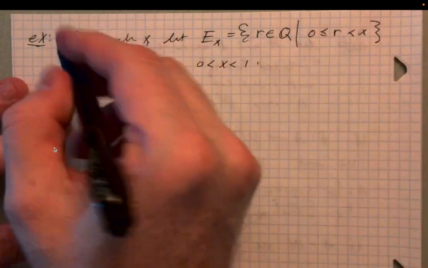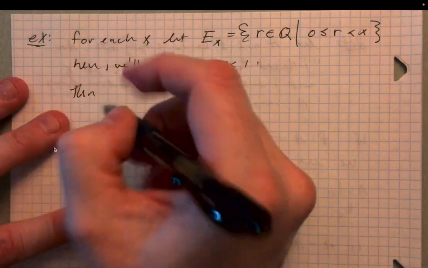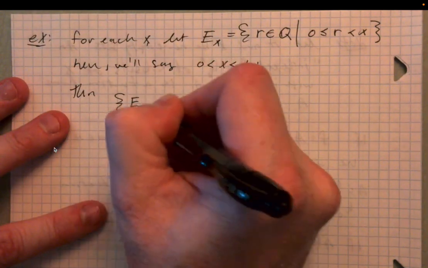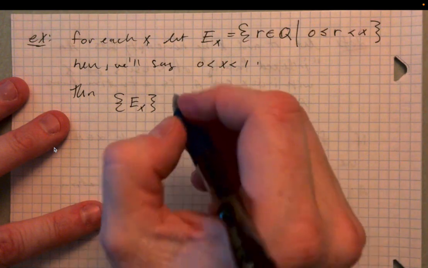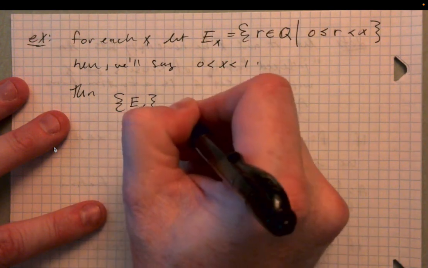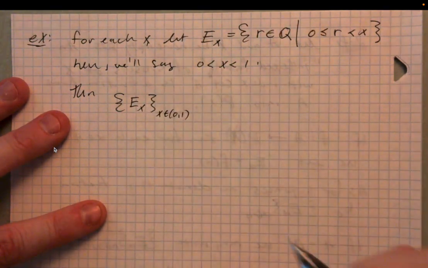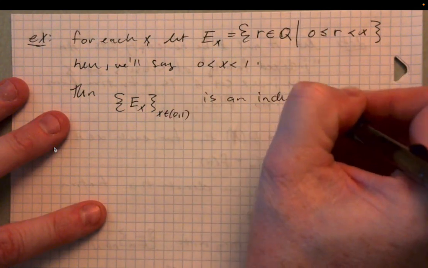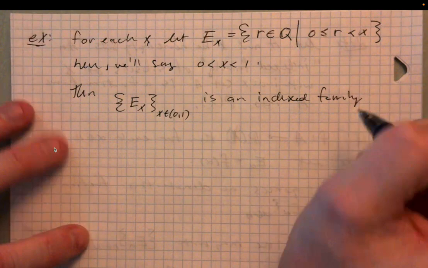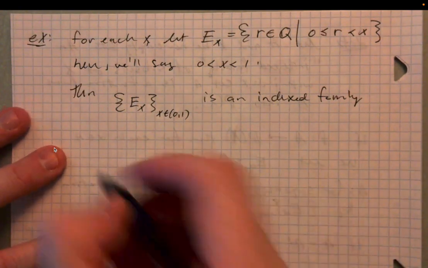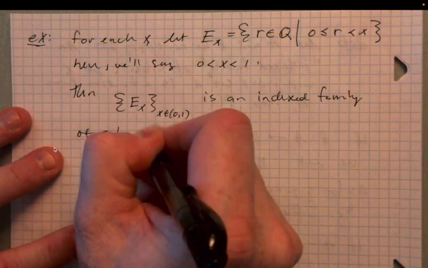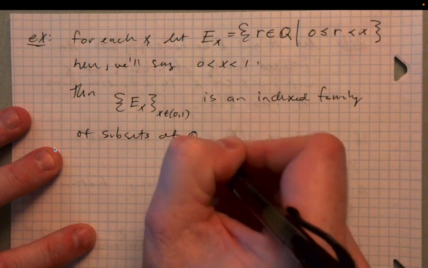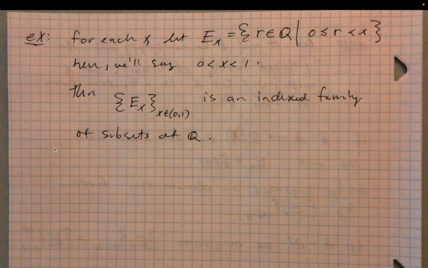Then we could say that E sub x such that x is in (0, 1) is an indexed family of subsets of the rational numbers.